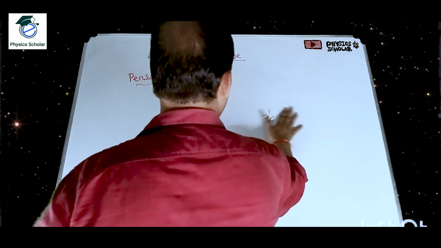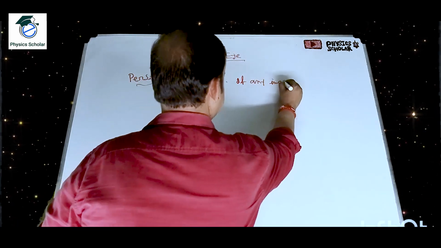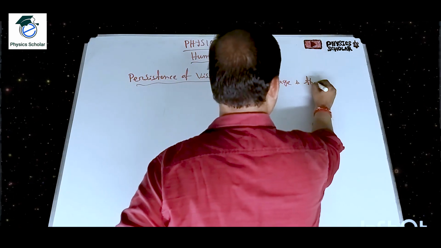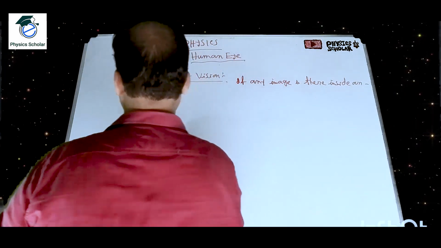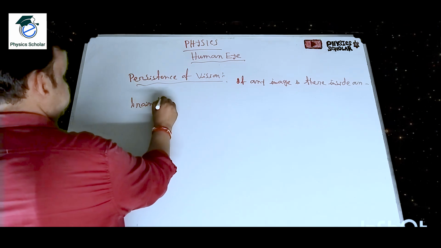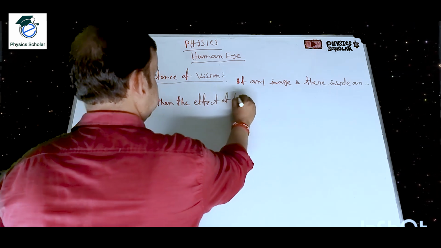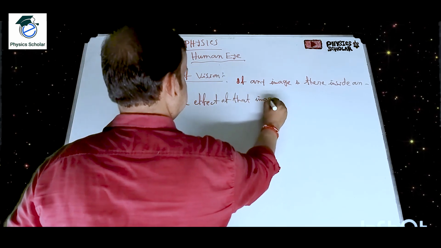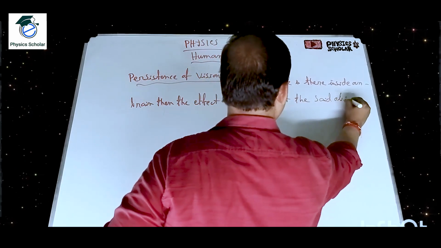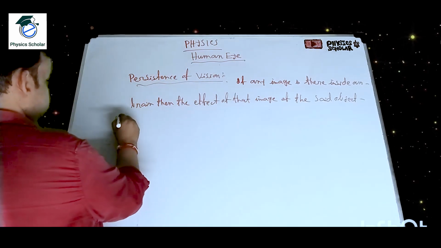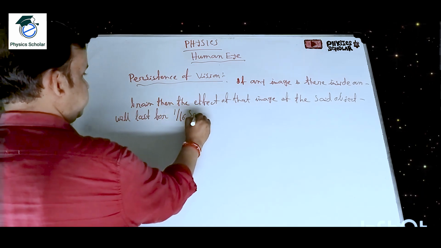So what can we write? What is the persistence of vision? If any image is inside our brain, then the effect of that image of the said object will last for 1/16 second.